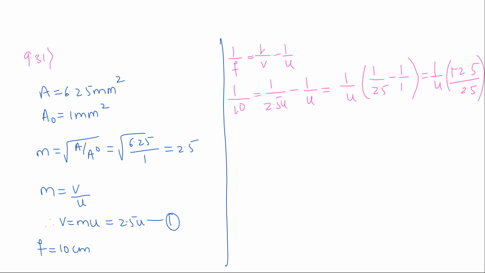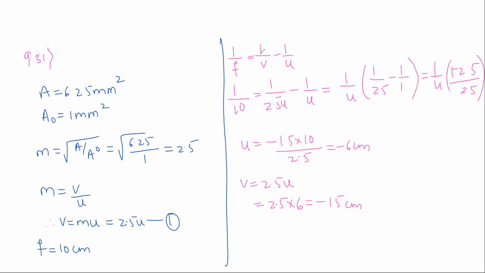So the U value is minus 1.5 into 10 divided by 2.5. Simplifying, we get minus 6 centimeter. The V value is 2.5 into U, so that is 2.5 into 6. So we got 15 centimeter.